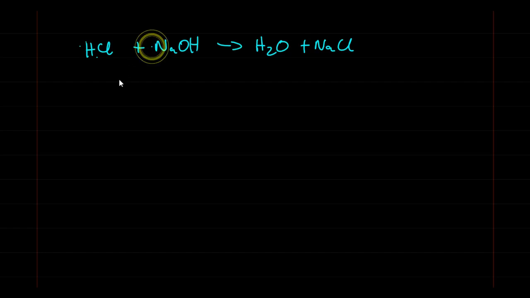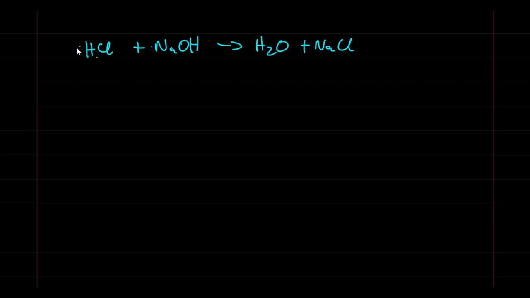Okay, so now let's say I have the same HCl plus sodium hydroxide, giving us water plus sodium chloride, right? Here I have my acid and I have my base, and the stoichiometric coefficients are 1 and 1.